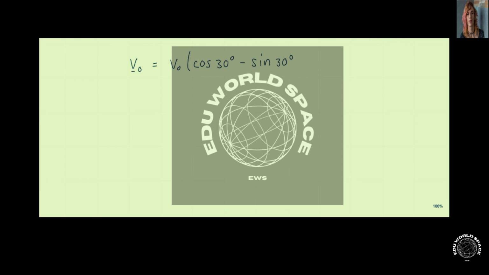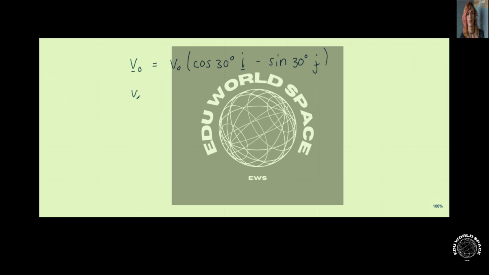So this is actually our direction here, cosine of 30 degrees along the i unit vector minus sine of 30 degrees along the j direction.